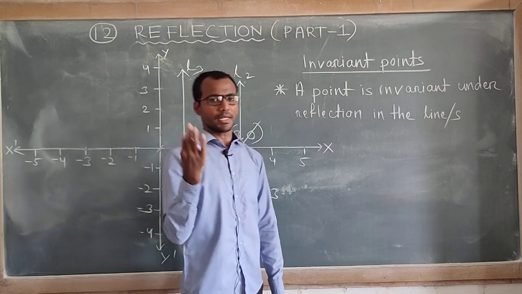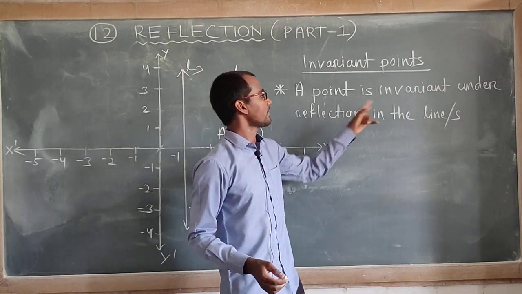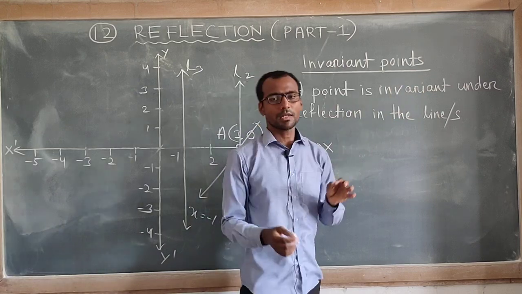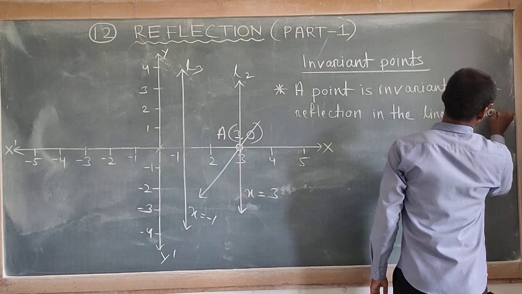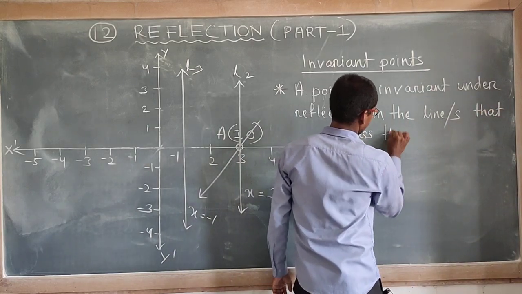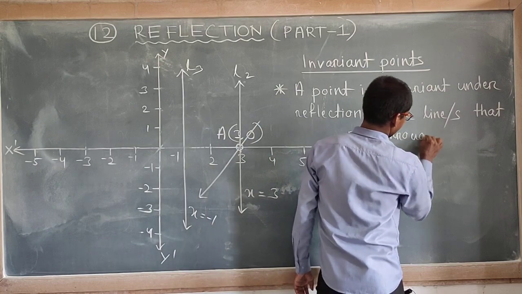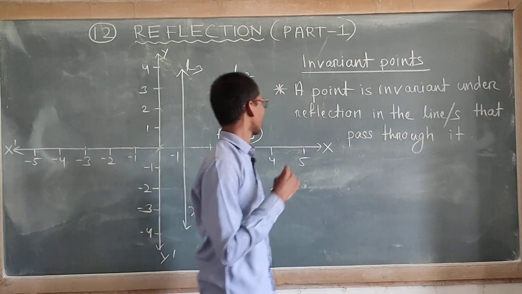There can be many lines passing through a given point. A point is invariant under reflection in the line or in the lines that pass through it. Remember this.